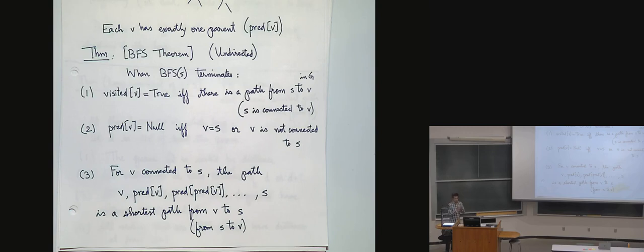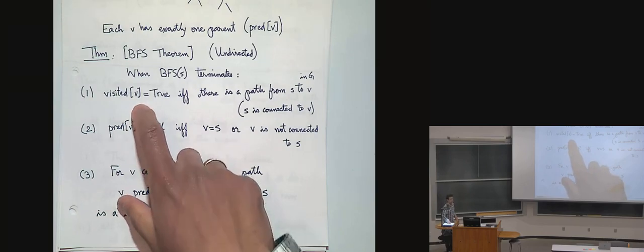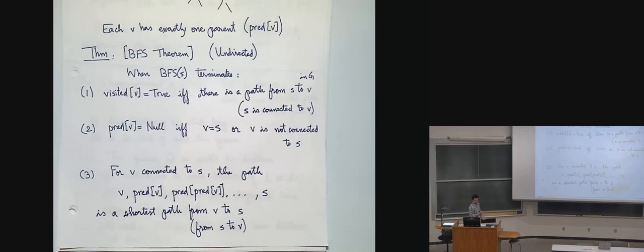And so what we did last time was we started proving the first one. What I'll do is I'll try to wrap that up really quickly. The second one, it turns out, is actually a pretty direct consequence of the first one. Because you see, if V is connected to S, then visited of V is true. And so what are the vertices that are visited?